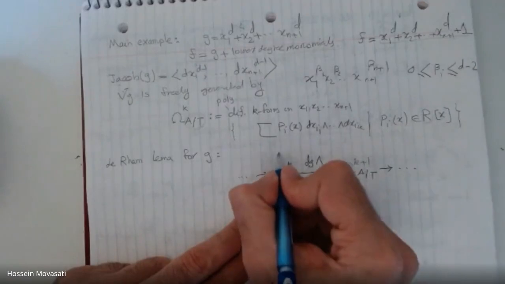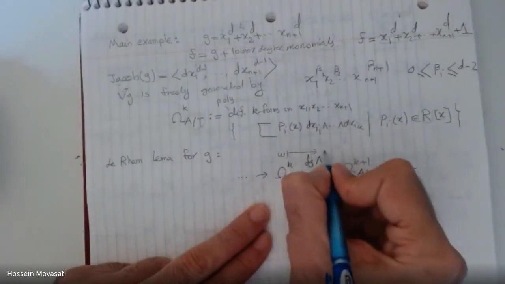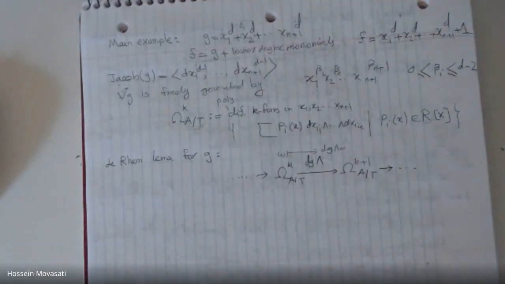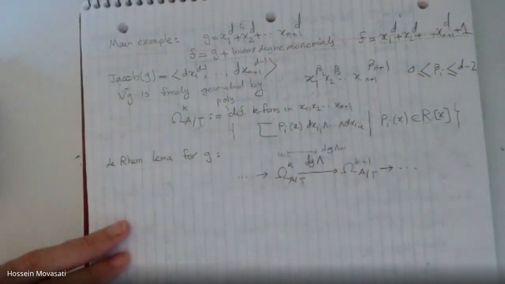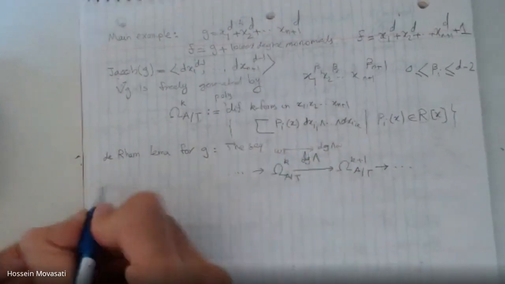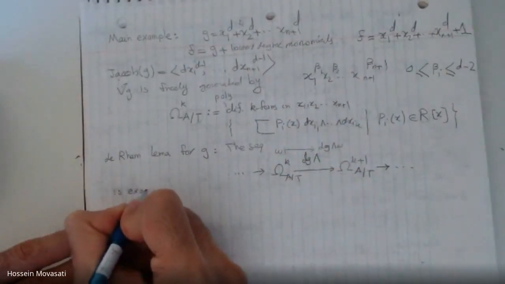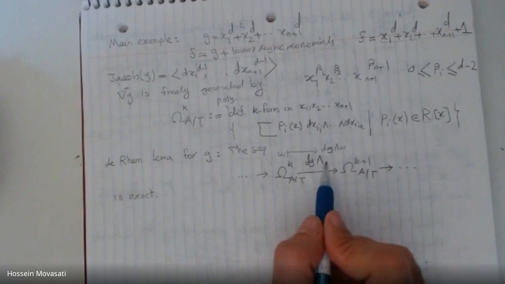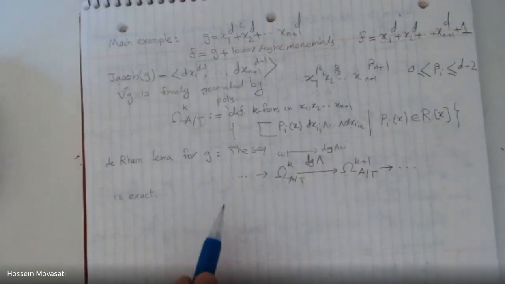This means that omega maps to dg wedge omega. So we have this complex, and the de Rham lemma will say that at the end the sequence is exact. So if dg wedge omega is 0, then omega must be dg wedge something.